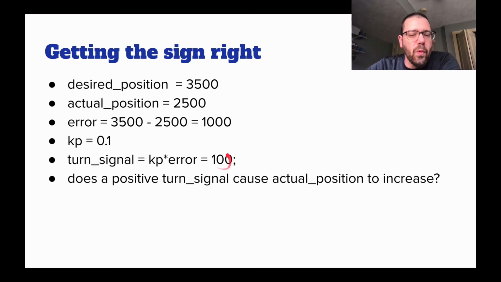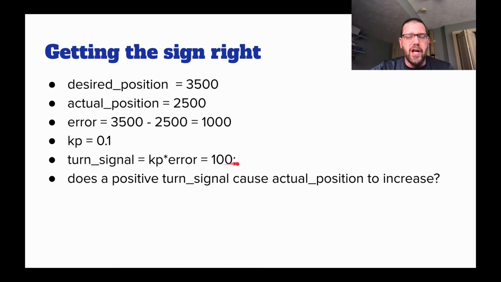This is only going to work if having a positive turn signal causes the actual position to go up. If my line is here and I'm slightly off and my turn signal causes me to go the wrong way, then this number would get smaller, the error would get bigger, and I'd continue to increase my input in the wrong direction. So it's very, very important, and I'll go over an example of how to do this in a supplemental or secondary video of this.